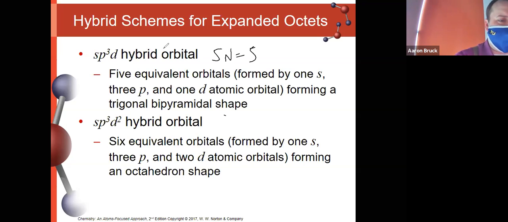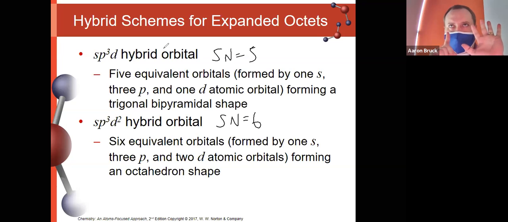For steric number 6, I have to pull a second d orbital. We call that hybridization sp3d2, to give us 6 orbitals in total. And the net result is that octahedron shape.